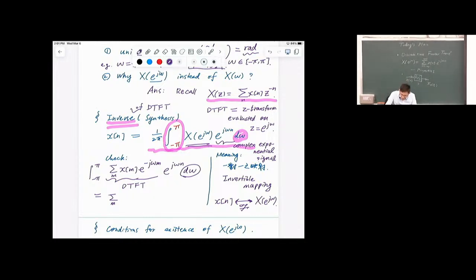Same idea. The only thing that doesn't depend on omega seems to be x[m], right? So put it outside of the integral and then consider the integral inside. Inside the integral, we have e to the minus j omega (m minus n) d omega.